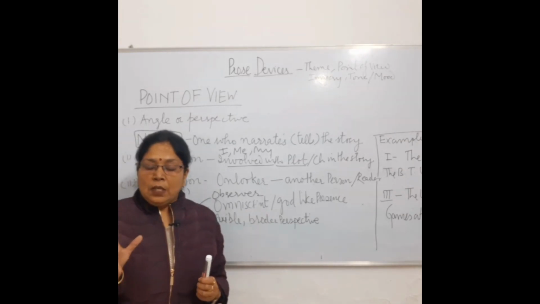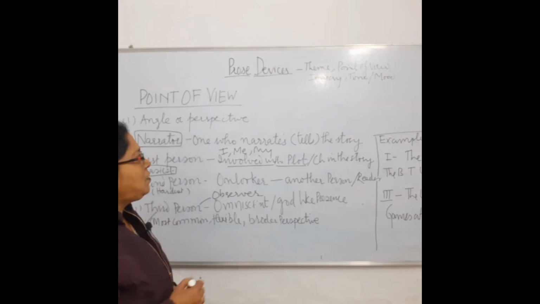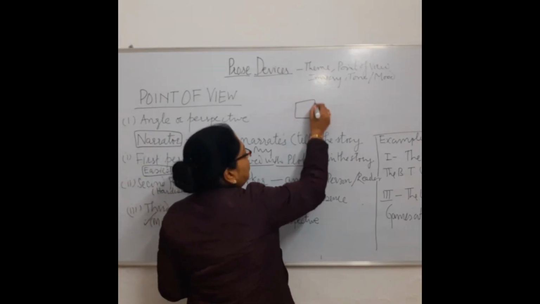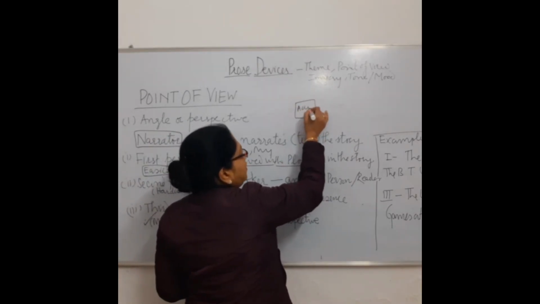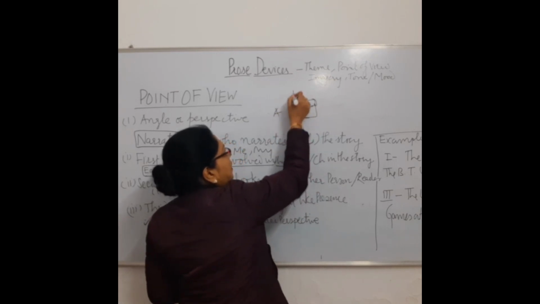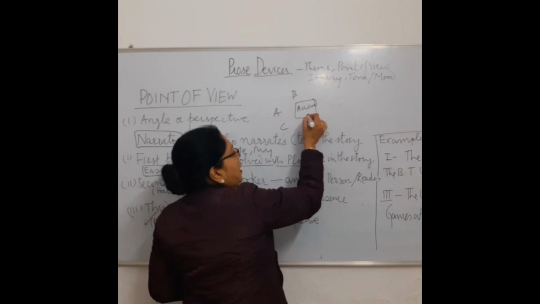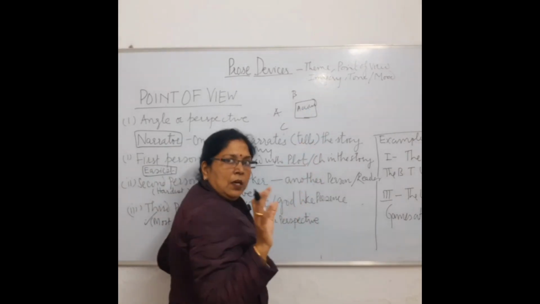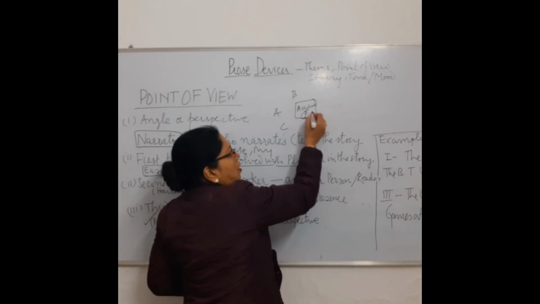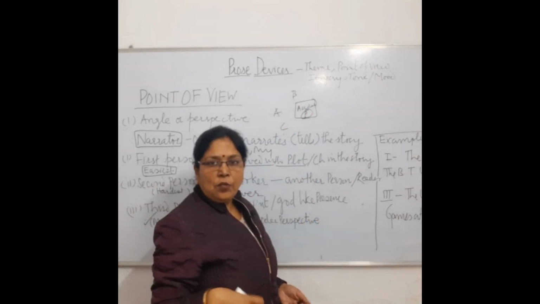To understand it, I am just giving you an example. For example, there is an accident on the road, and that accident has been seen by a number of persons, Mr. A, Mr. B, Miss C, and the person who has undergone the accident is also there, who has seen what has happened to him.